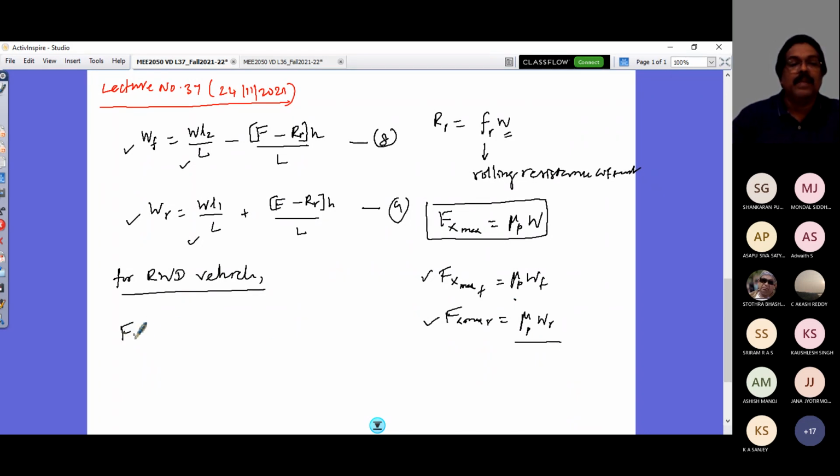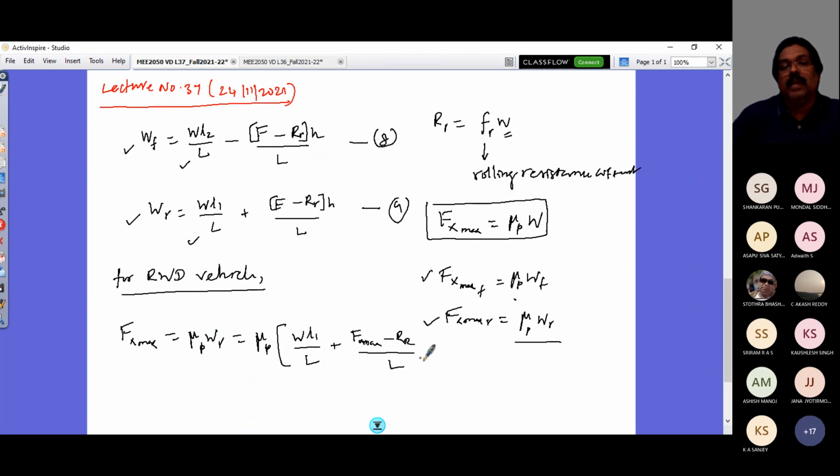So Fx max would be mu P times Wr. So that's going to be mu P times this Wr I have to substitute. So that's going to be W L1 by L plus F, so this F is the tractive force, that is also here Fx max that comes here along with that. So this minus RR by L into H.